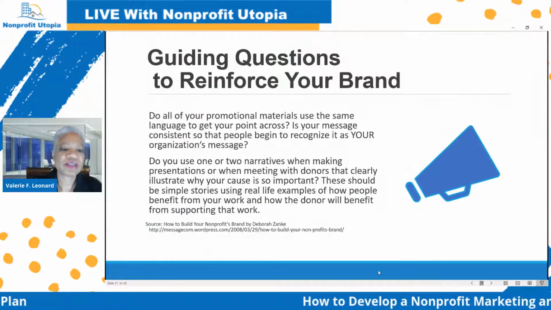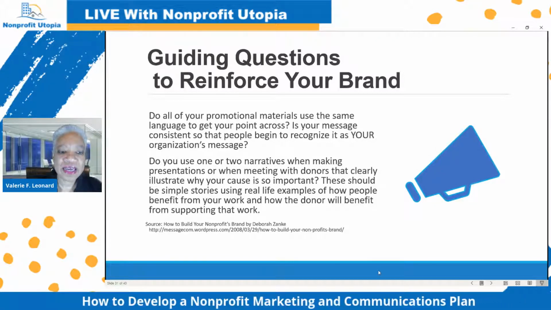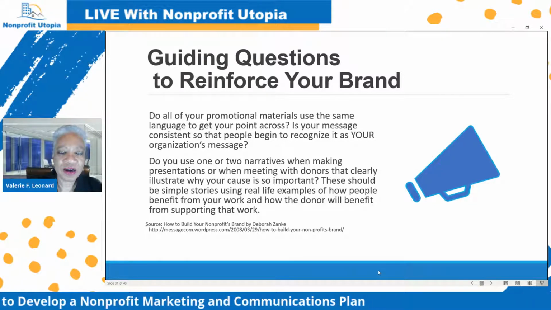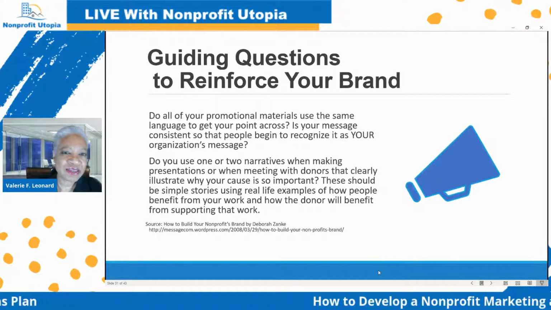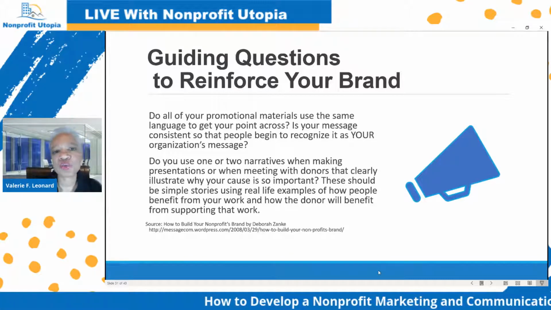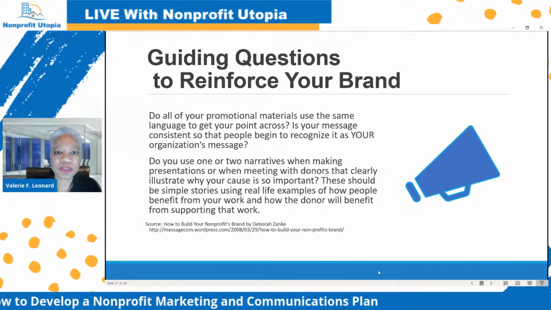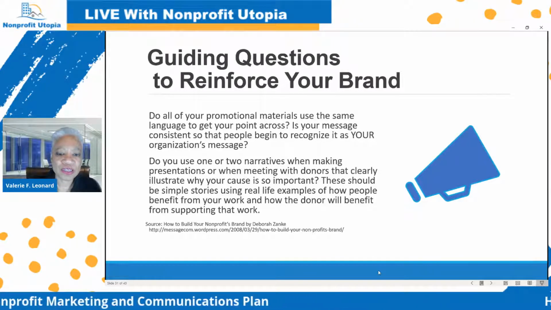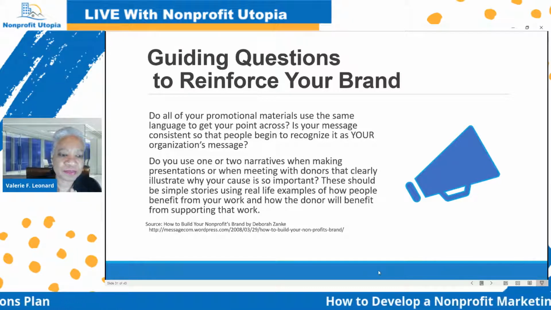Other questions: do all of your promotional materials use the same language to get your point across? Are your messages consistent across all channels? And is the message conveyed in such a way that it is perceived to be unique to your organization?